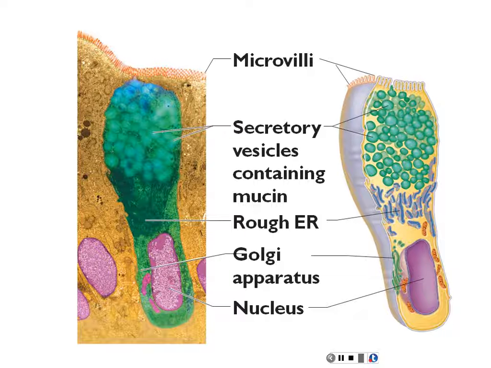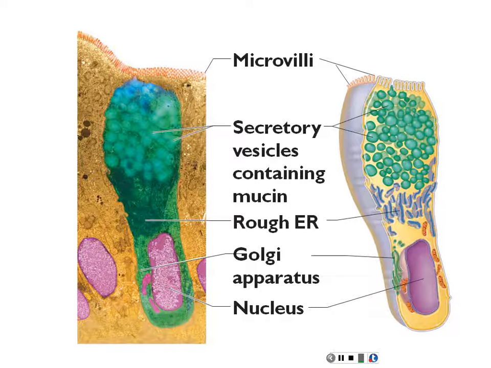This is just showing you how it would look on the inside. So if a cell's job, so we talked about the different jobs of cells. Some cells contract, other cells transmit electrical signals. Well, these cells' job is to make substances that the body needs.